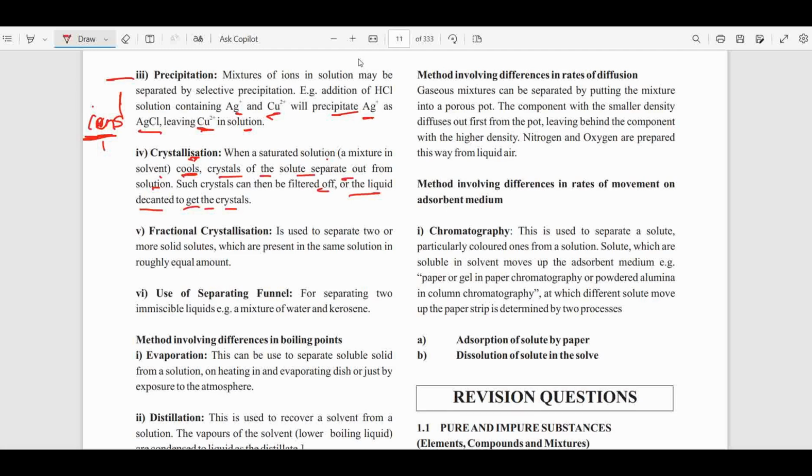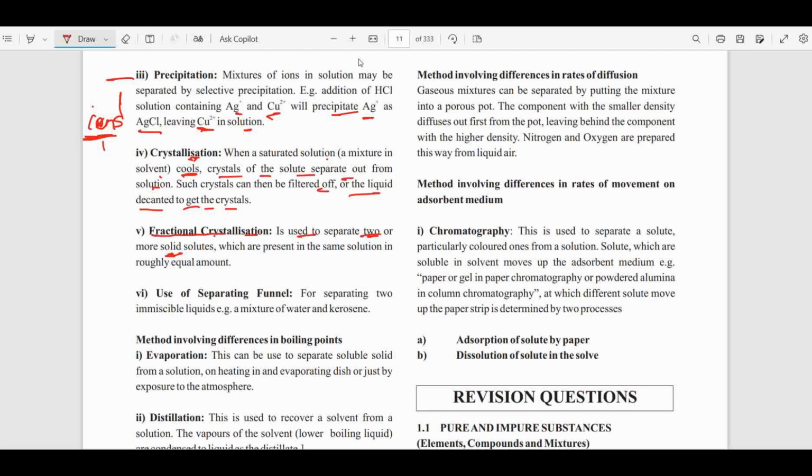That is crystallization. And when you introduce the term fractional, in fractional crystallization, you imply that you have two or more solids. So in fractional, you have a group of solids that you want to separate.